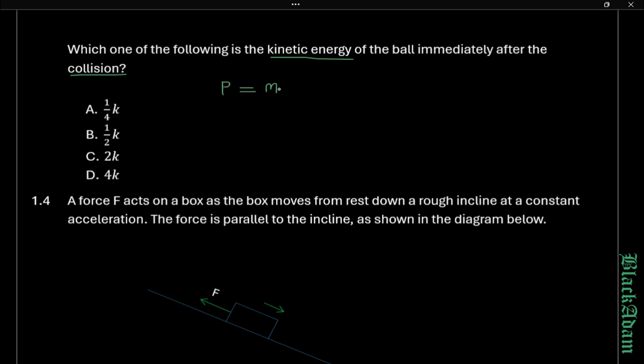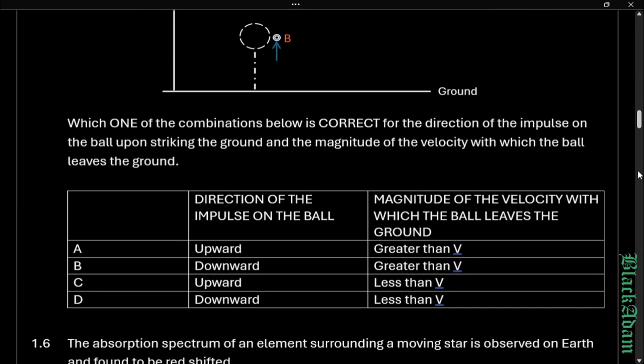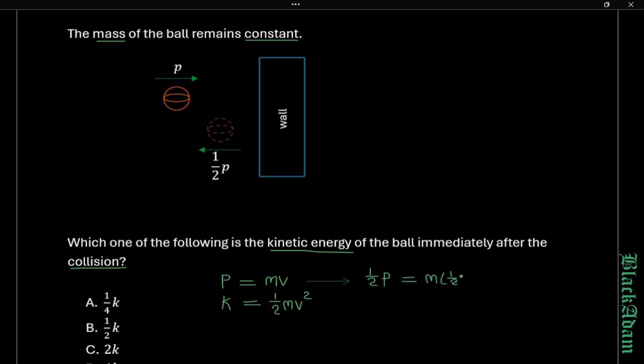Momentum is mass times v, and kinetic energy is half m v squared. Looking at our problem, momentum was halved, so the mass didn't change. The only way to get half momentum is if we have half the velocity.